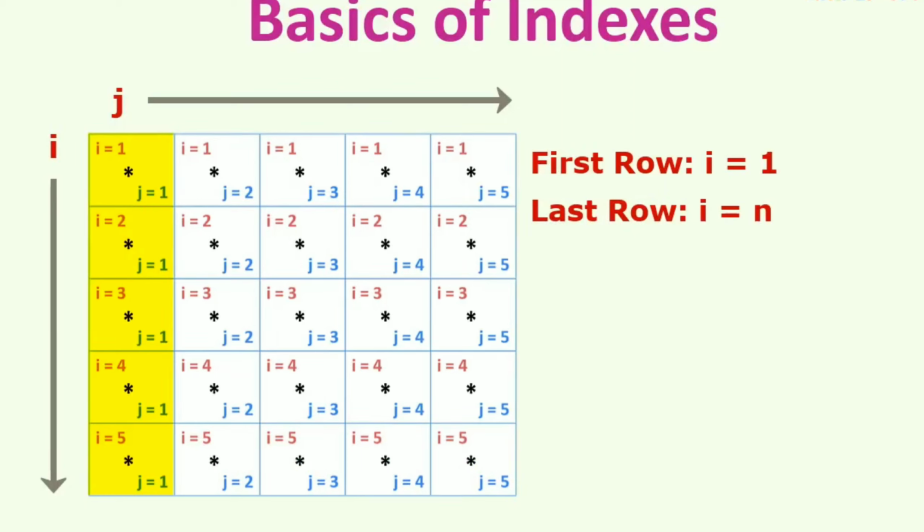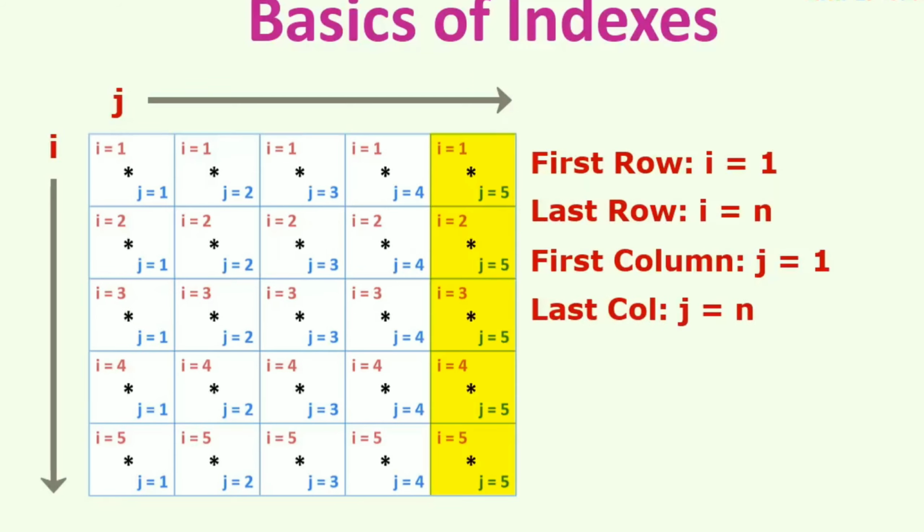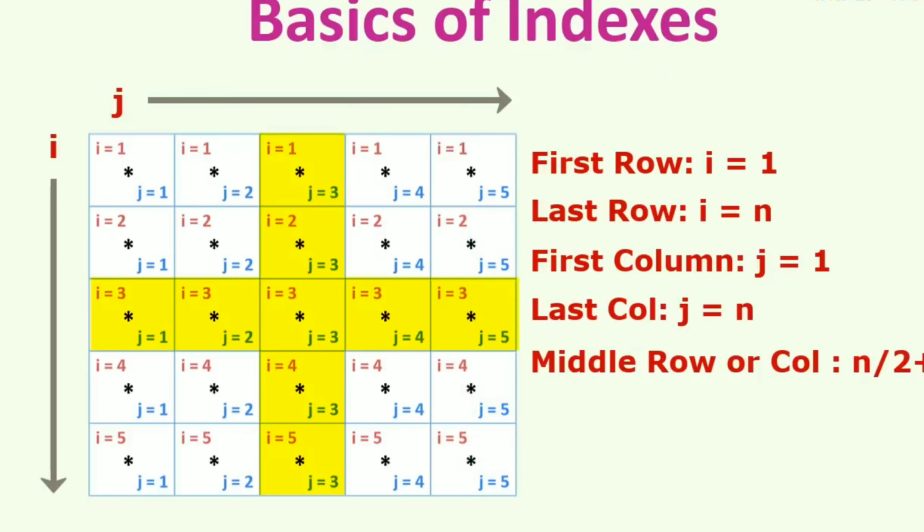Similarly, to print only the first column, it means print when column index j is equal to 1. And the last column means print when column index j is equal to n or 5 in this example. Now if you are asked to process the middle row or column, then it is nothing but n divided by 2 plus 1, or 3 in this example.